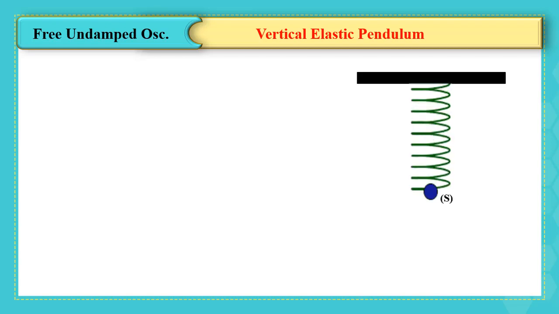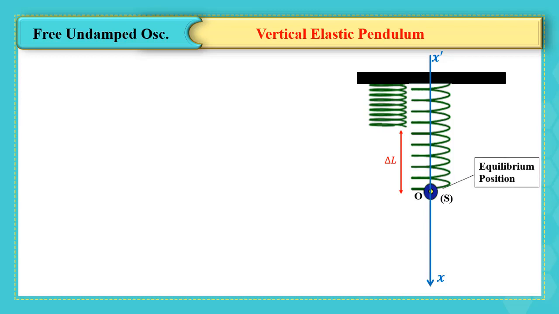When S is attached, the spring is stretched by delta L. The spring with the mass will attain equilibrium at a point that we're going to name O. It's clear that, unlike the horizontal elastic pendulum, in this vertical elastic pendulum at equilibrium, the tension force exists.